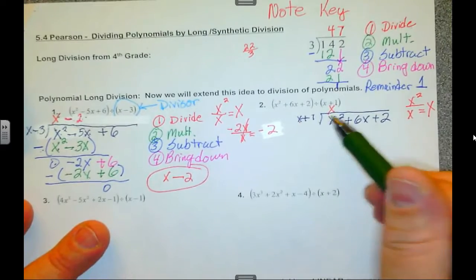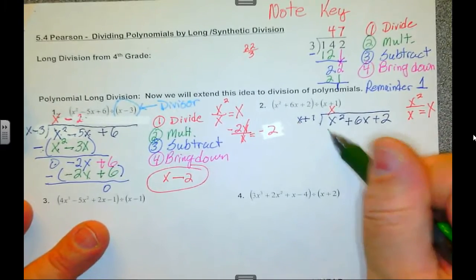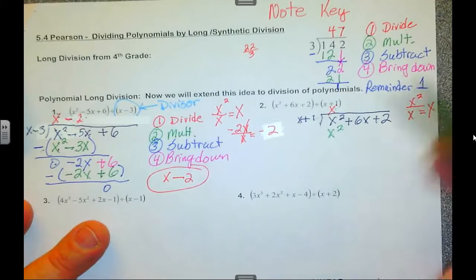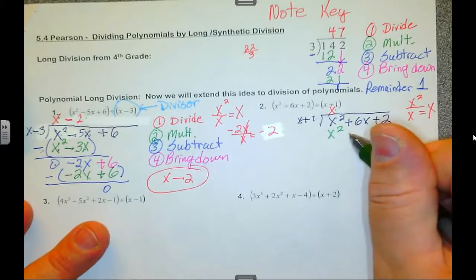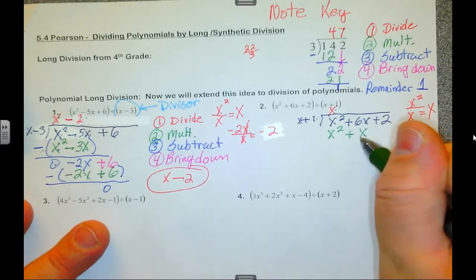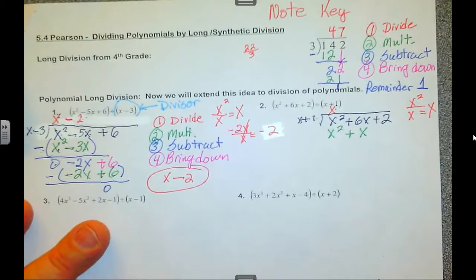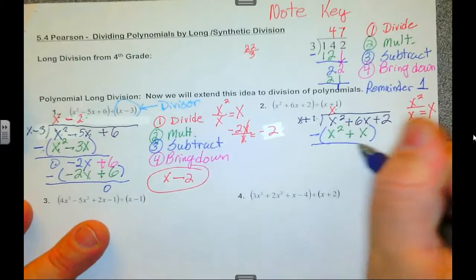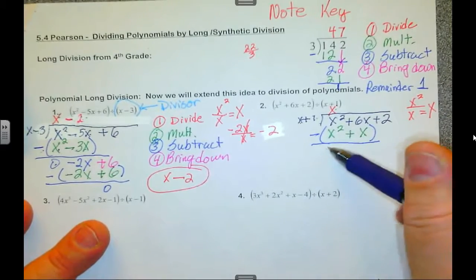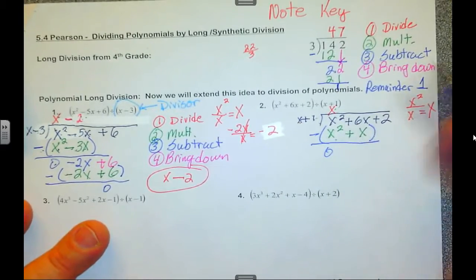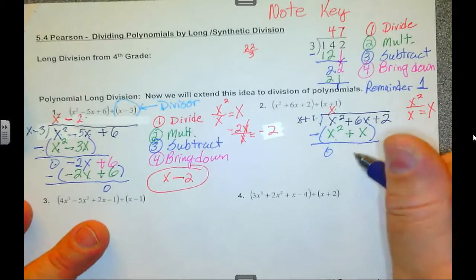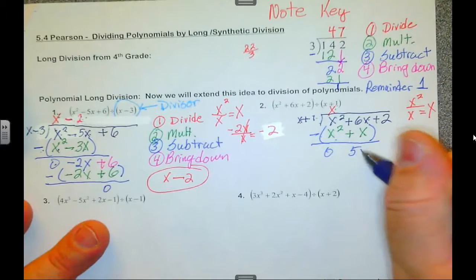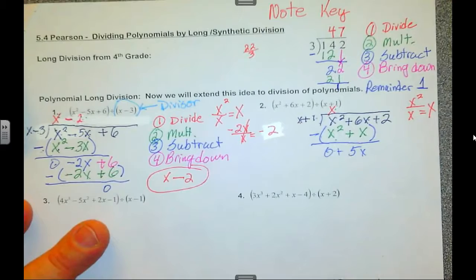Multiply. X times x is x squared. X times positive 1 is positive 1x. Subtract. These cancel out. 6x minus 1x. Bring down the 2.